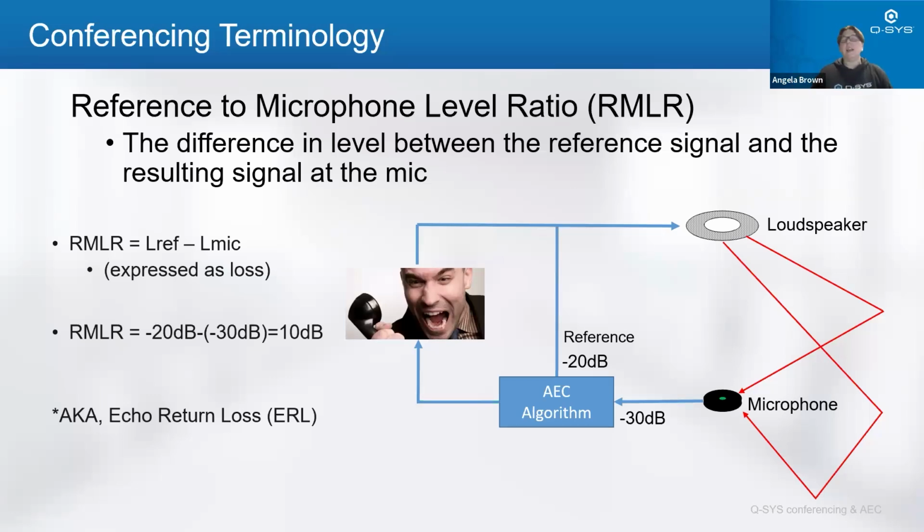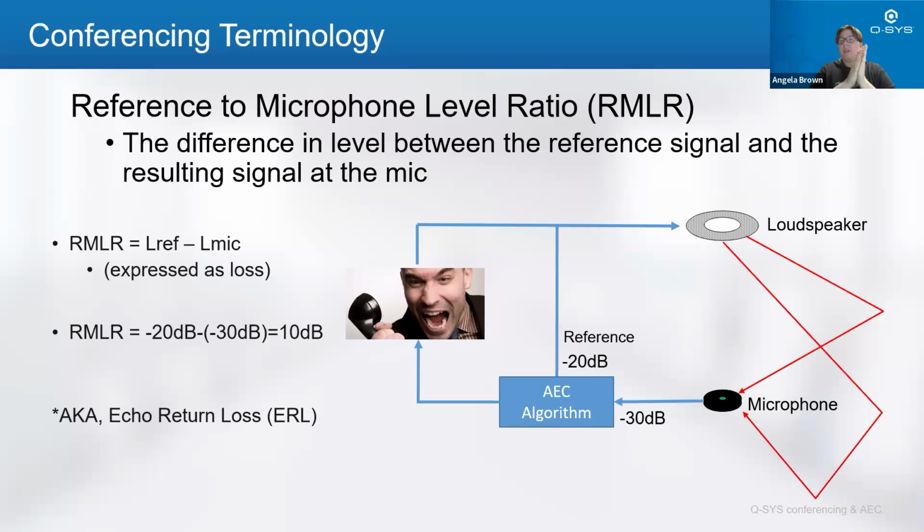You can look at that and understand it intuitively, that the difference between 30 dB and 20 dB is 10 dB. In our echo cancellation, we really want to target getting that as close to zero as we can. We want what's coming from the microphone to be as equal to what's coming from the reference as we can.